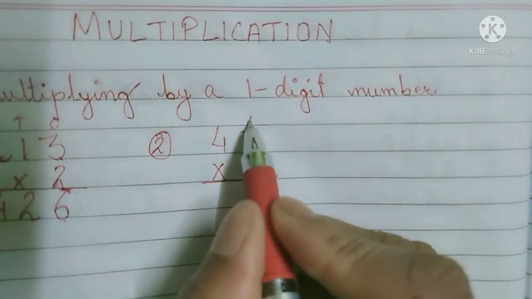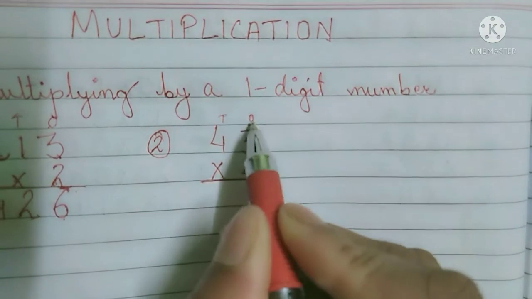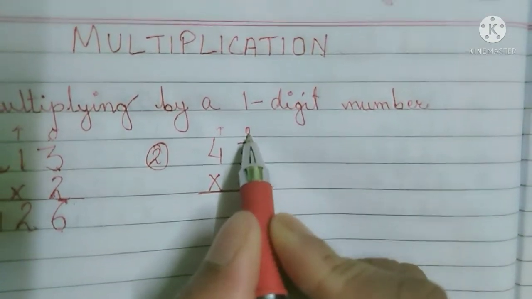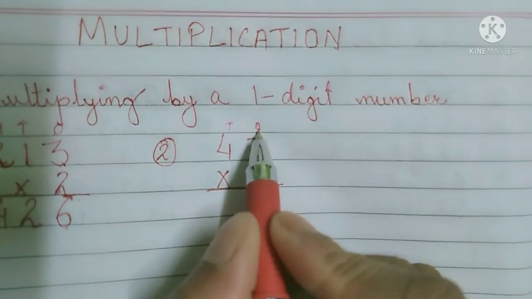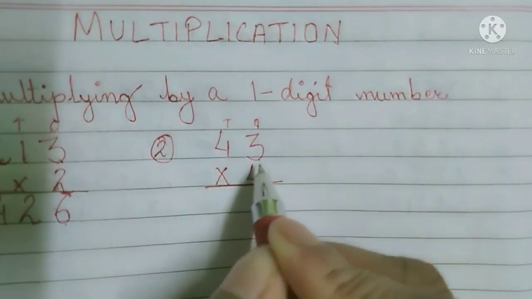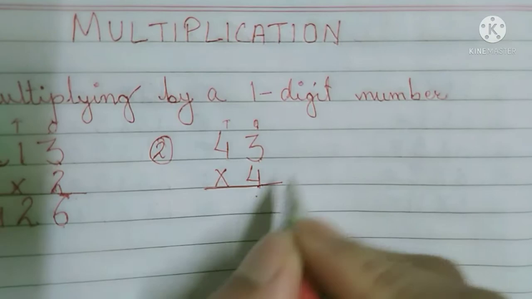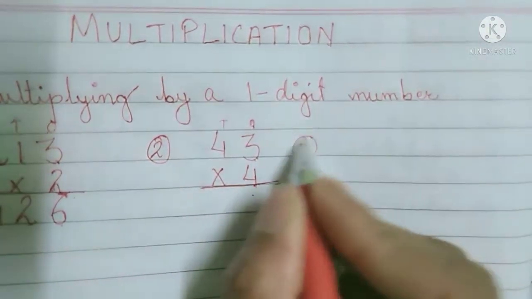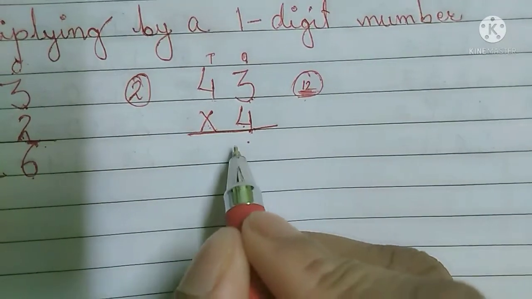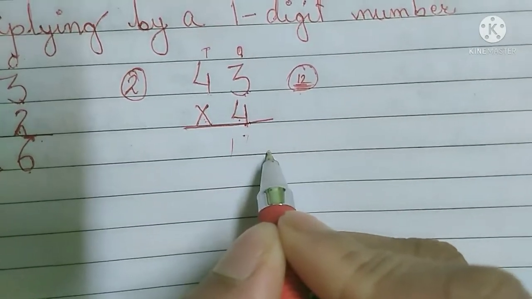First we always need to multiply the digit which is in ones place. So 4 multiplied by 3 equals 12. Correct? You cannot write 12 here directly.